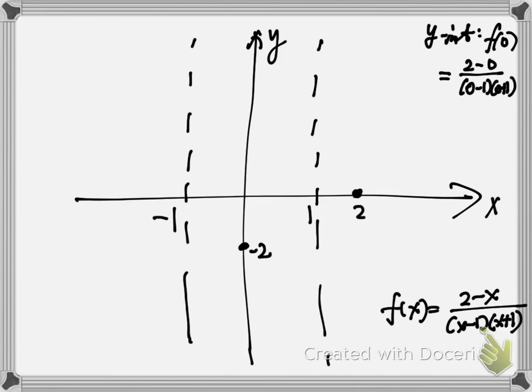If you simplify the denominator, this is x squared minus 1. So here we have degree 2. Numerator degree 1, denominator degree 2. So we look at degree 2 terms. Degree 2 on top, 0. Degree 2 on bottom, 1. So horizontal asymptote is 0 over 1, y is equal to 0. It's a horizontal line.